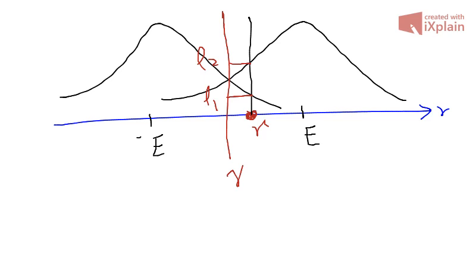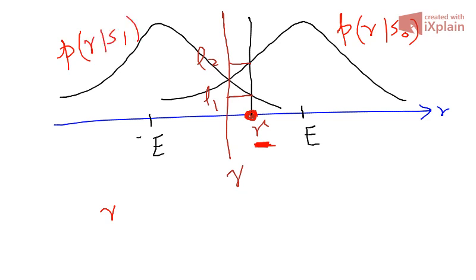Now, if we discuss this in pure statistical terms, we say that we have a received sample value, and that received sample value R may belong to the conditional PDF PR given S naught, or this likelihood function PR given S1.